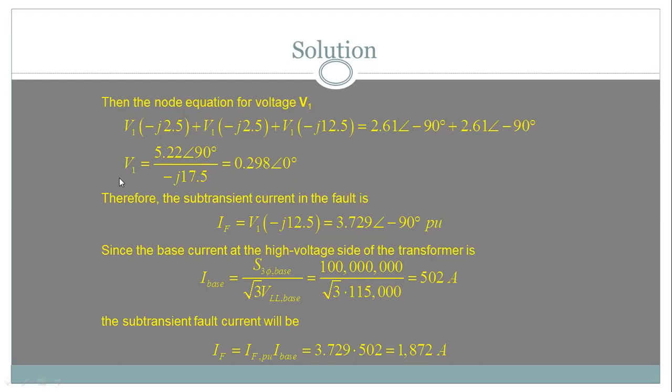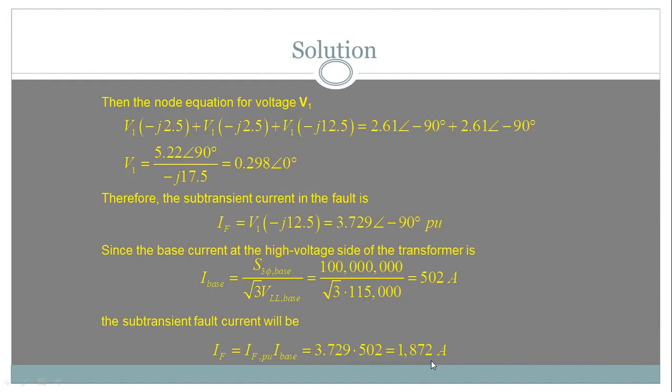If we calculate this, we can find the voltage V1, that is the node voltage. And if we multiply this voltage by the admittance of the transformer, we will find the short circuit current. And now this is the per unit value, so we have to convert it to the real unit. We have to multiply this with the base value, and then we can finally find the short circuit current.